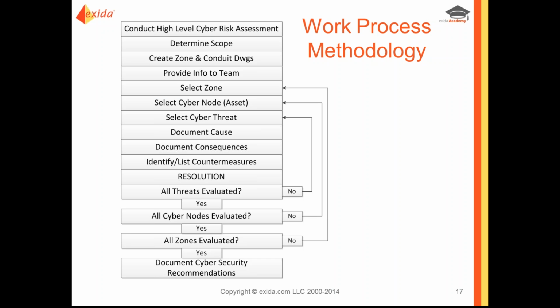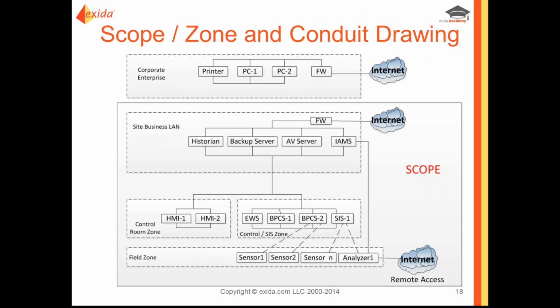So there's a methodology that you want to go through as you're doing this analysis. And you want to do that high-level cyber risk assessment, initially by determining the scope. And let's take a quick peek at the next slide, which identifies the scope here for our assessment.